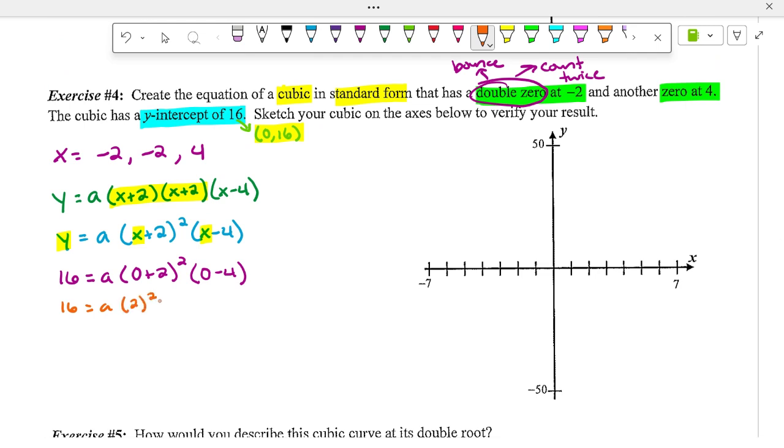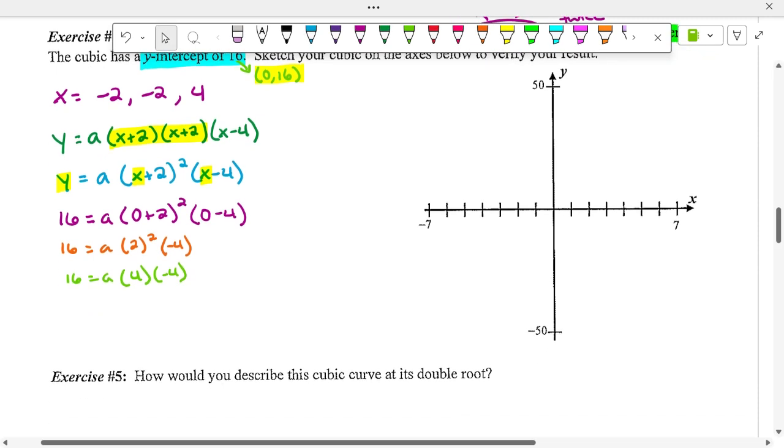What's 0 minus 4? Negative 4. What's 2 squared? 4. So I have 16 is equal to a times 4 times negative 4. And what's 4 times negative 4? Negative 16. So I have 16 is equal to negative 16a.